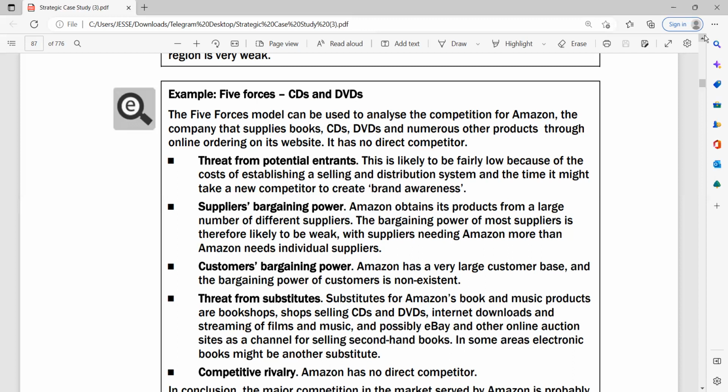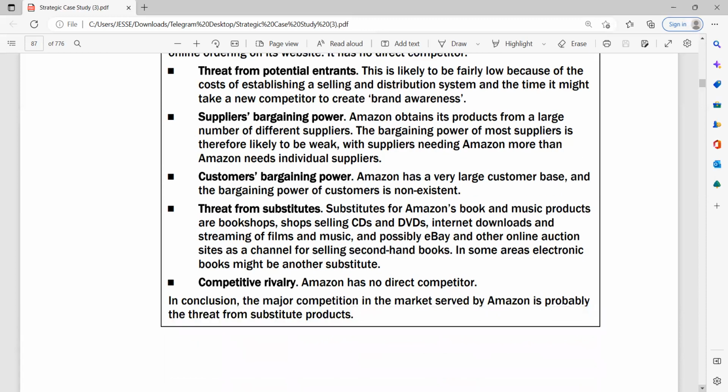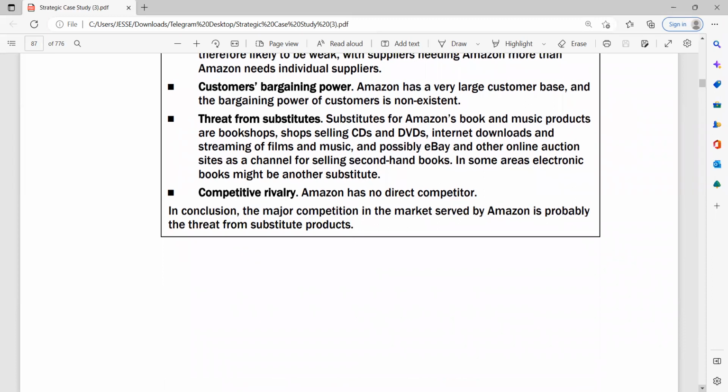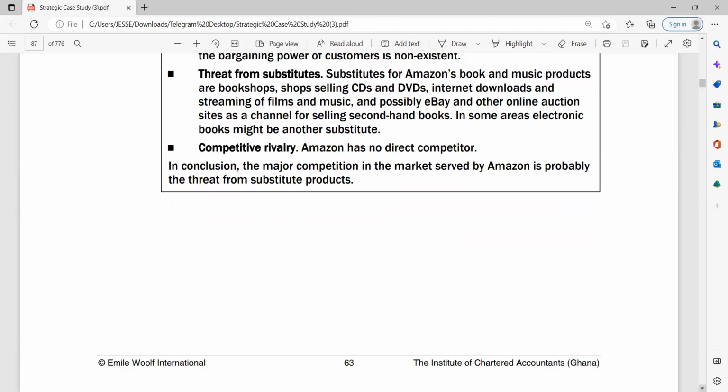So it's kind of difficult to compete with them. In terms of competitive rivalry, Amazon has a few competitors here and there, but Amazon at the moment seems very, very strong in the competitive landscape. Right. So in conclusion, this would be how you would look at it in terms of Amazon's competitive landscape.